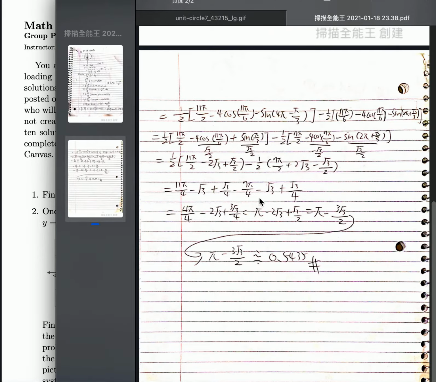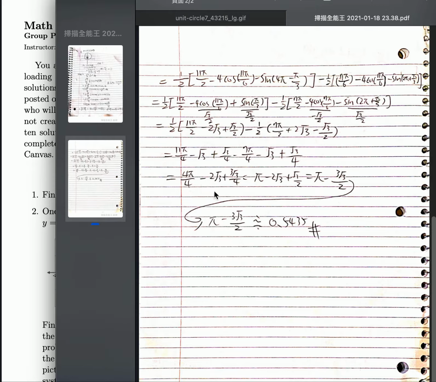So now we simplify again: 11 pi over 4, subtract square root 3 plus square root 3 over 4, subtract 7 pi over 4, and subtract square root 3 plus square root 3 over 4.